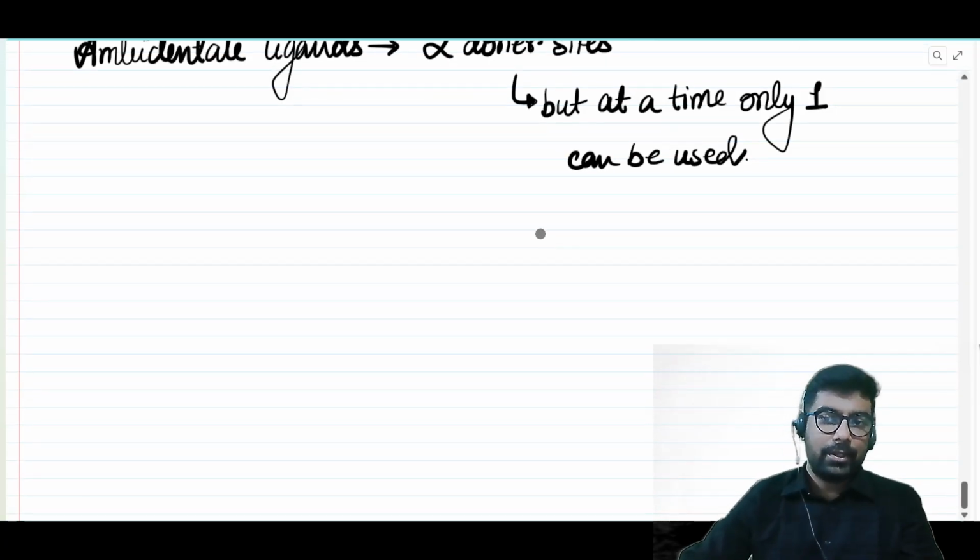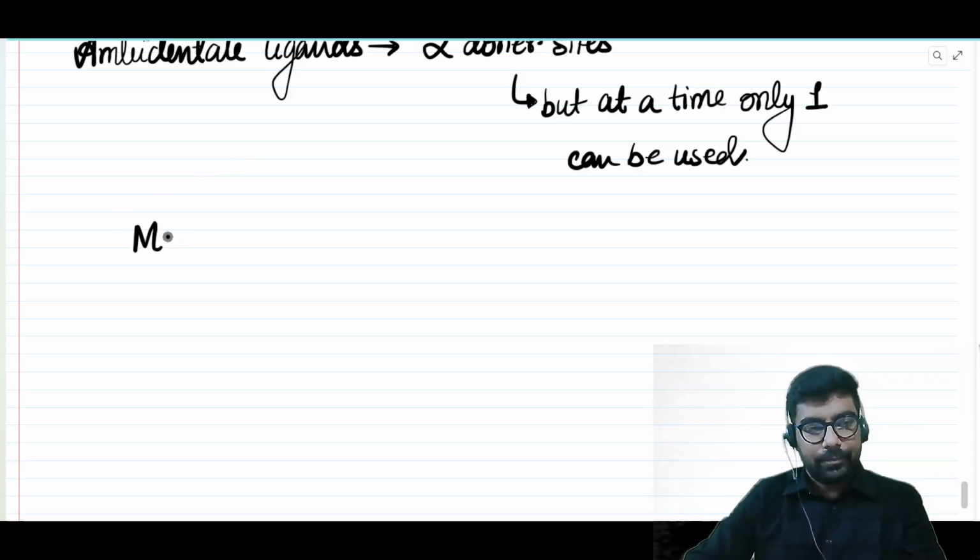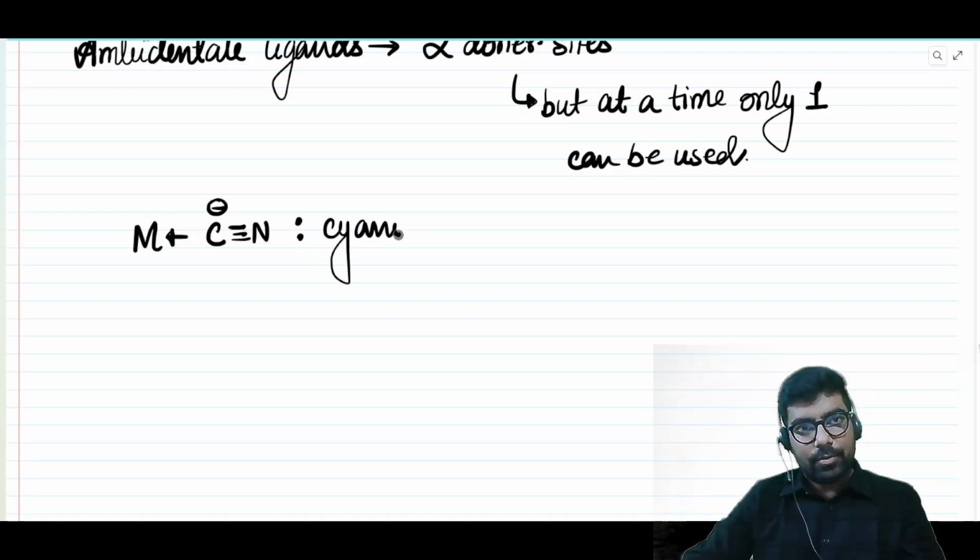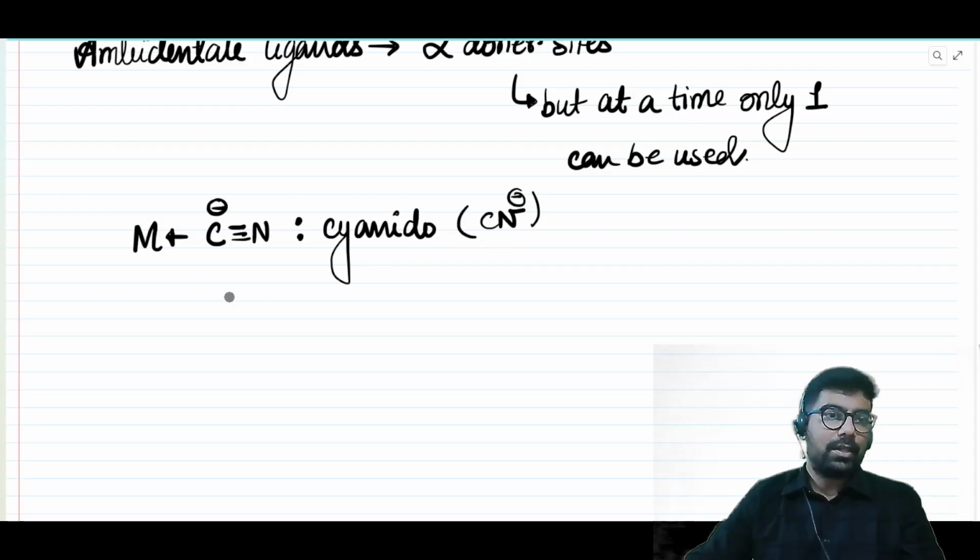The first one will be M, C triple bond N minus, cyanide. Over here, carbon is acting as a donor site. So when carbon is the donor site, we call it cyanido. CN minus is cyanido.